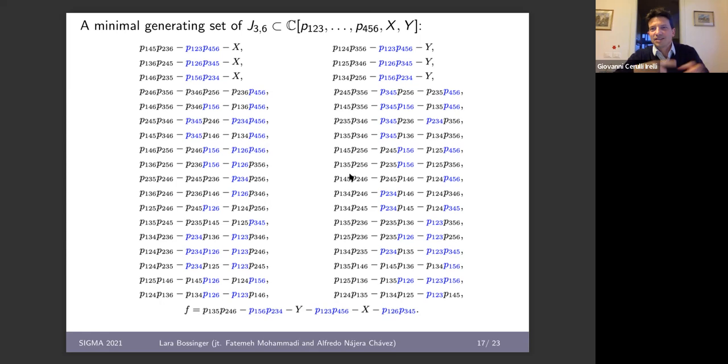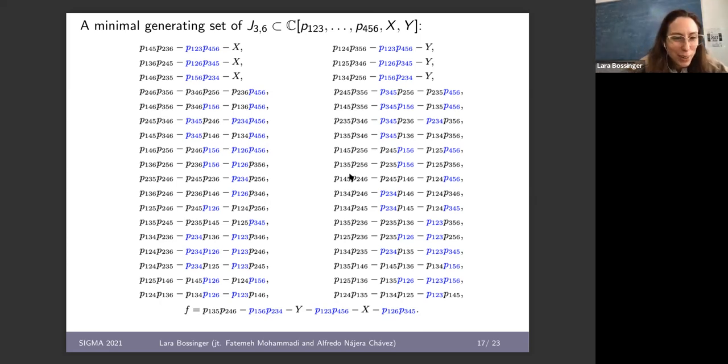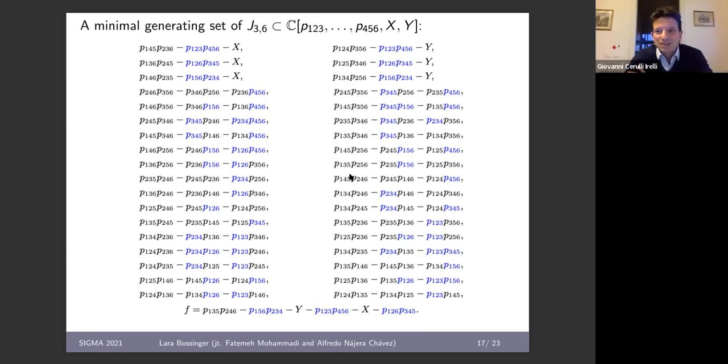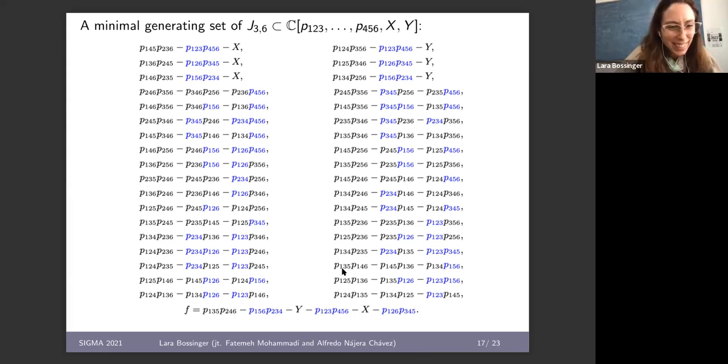It's amazing what they did. Did you explore the connection with their work on exotic cluster structure on the Grassmannian? No, unfortunately.